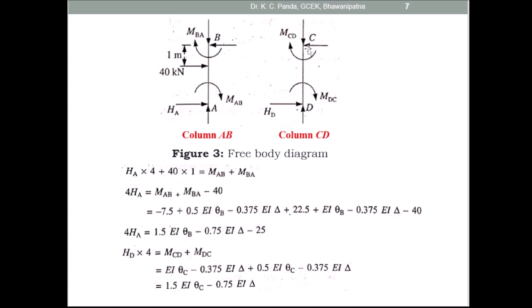So take the moment about the joint C. The clockwise moment is equal to the anti-clockwise moment, that is MDC plus MCD is equal to HD into 4. You know the MCD and MDC values, so you put the expressions, and after simplification you get 4HD is equal to 1.5 EI theta C minus 0.75 EI delta.